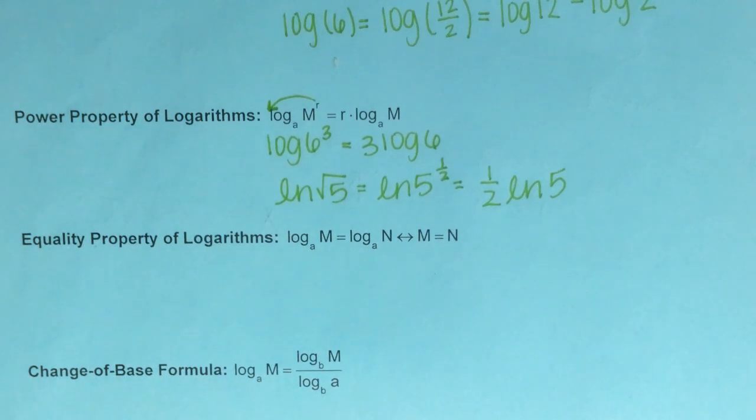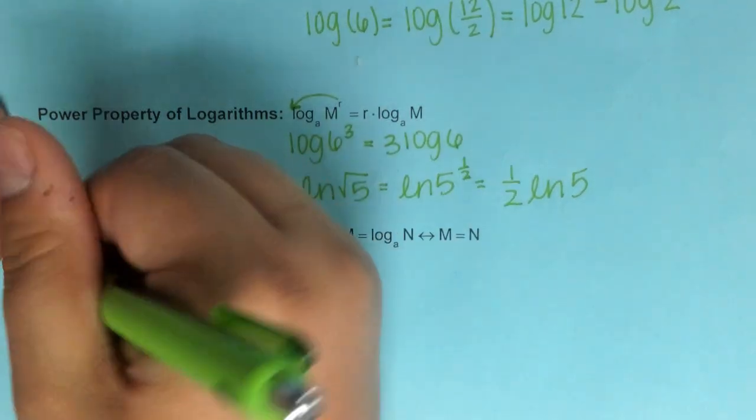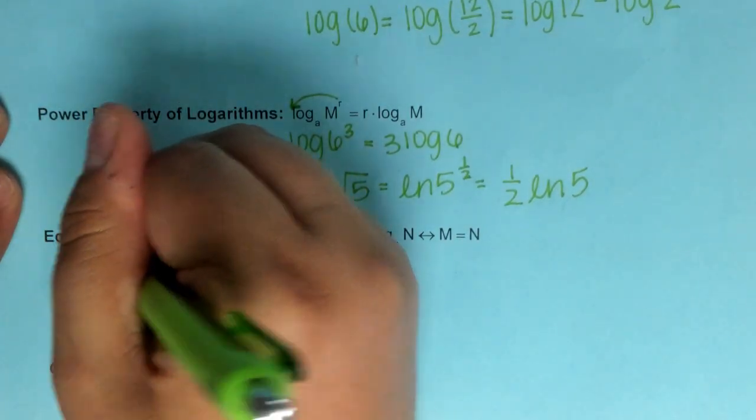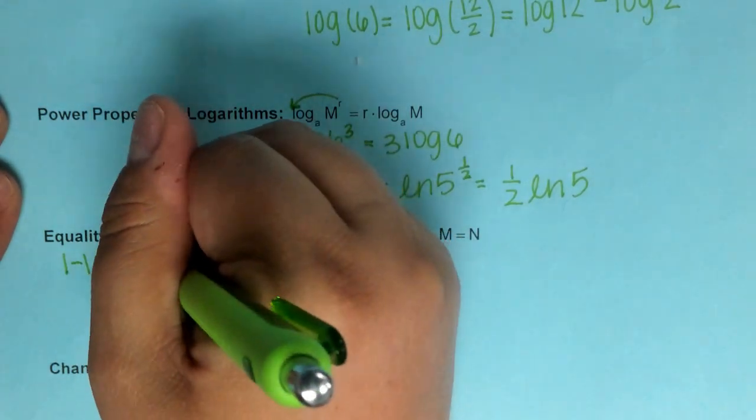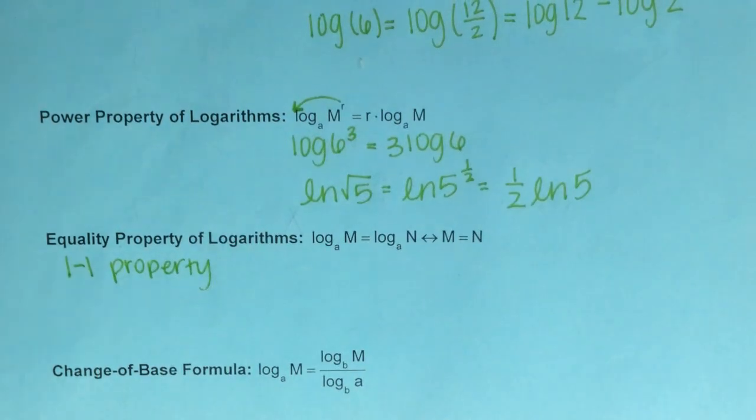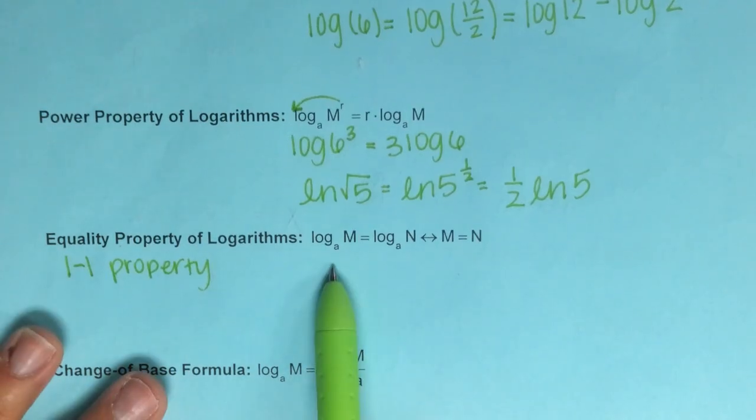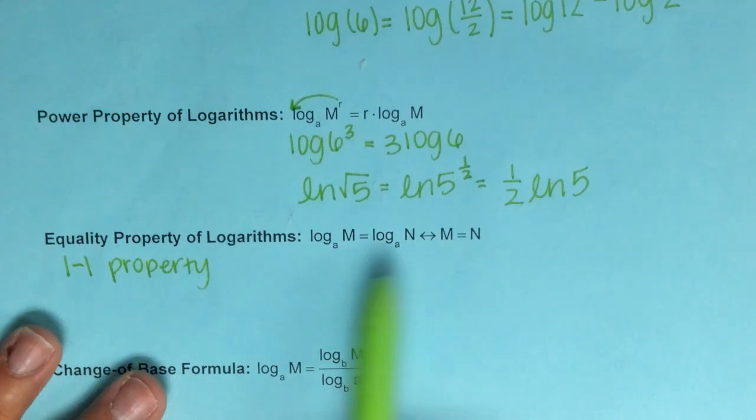The equality property of logs, or we also call this the one-to-one property. Just like with exponents, the one-to-one property, what was my rule? It has to have the same base and 1 on each side. Well, this has to have the same log with the same base, 1 on each side.